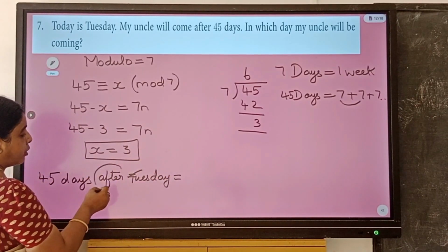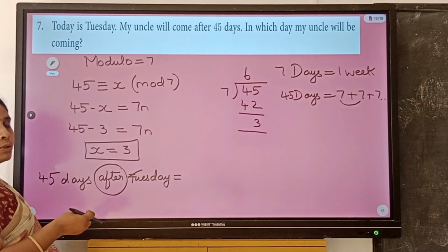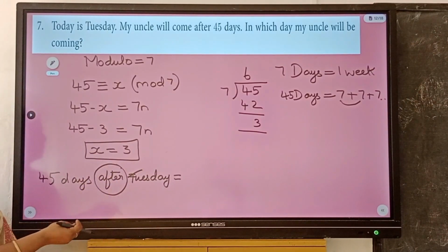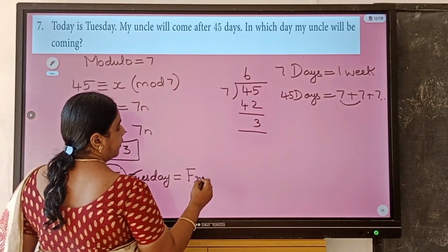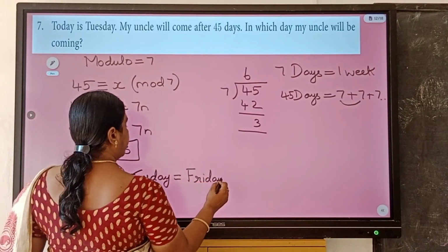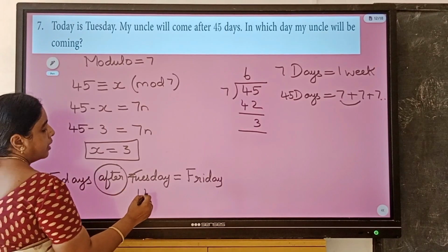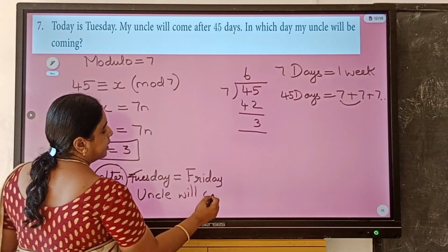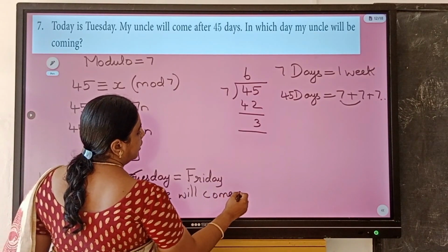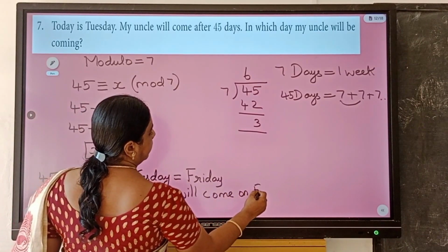Why adding? Because you have after. So when you have after, the third day will be your Friday. So the answer will be, uncle will come on Friday.